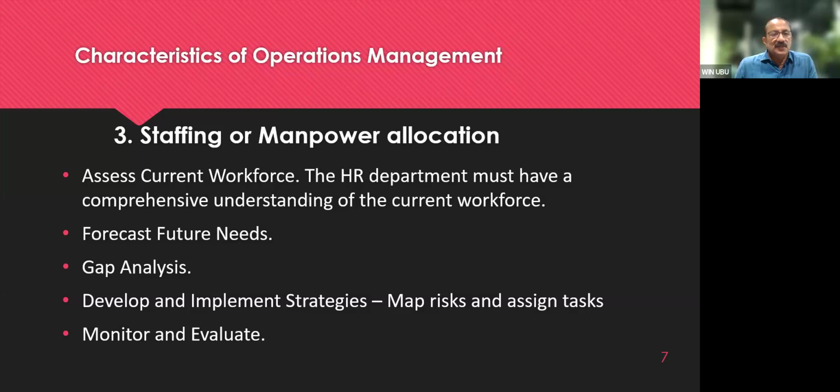So operations has to ensure staffing, productivity and recruitment are balanced and going smoothly, or work on the gap analysis and instruct the HR department to get the necessary staff for the functions.